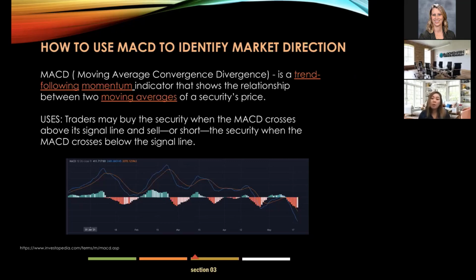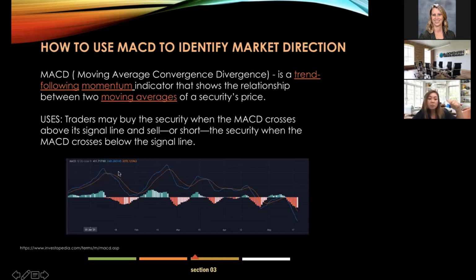What you need to know here is that the blue line is the subtraction of two moving averages, 26 and 12. You don't have to know the mathematics behind it, but that is the blue line. The red line is the signal. If the blue is on top of the red, you're bullish.